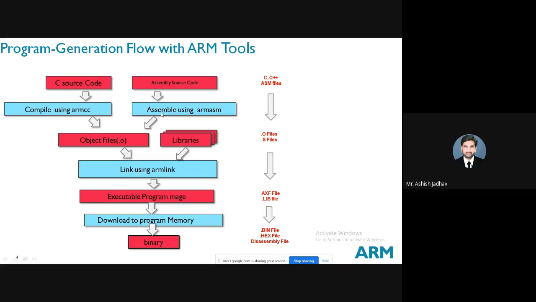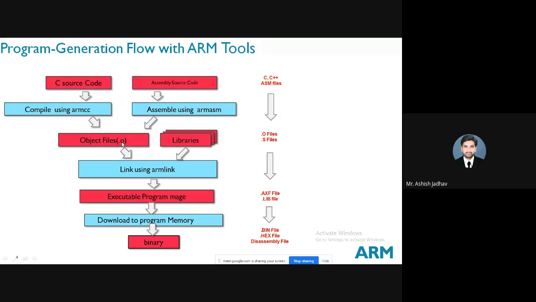If I ask which tool is used to compile the C code, your answer should be ARM-CC. If I ask which tool is used to assemble the assembly program, your answer should be ARM ASM, right? Once you do this compilation or assembling, you get the object file.